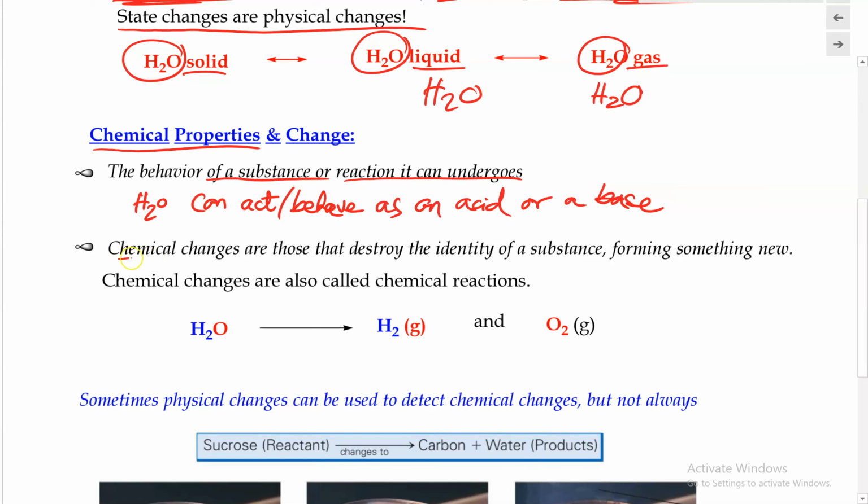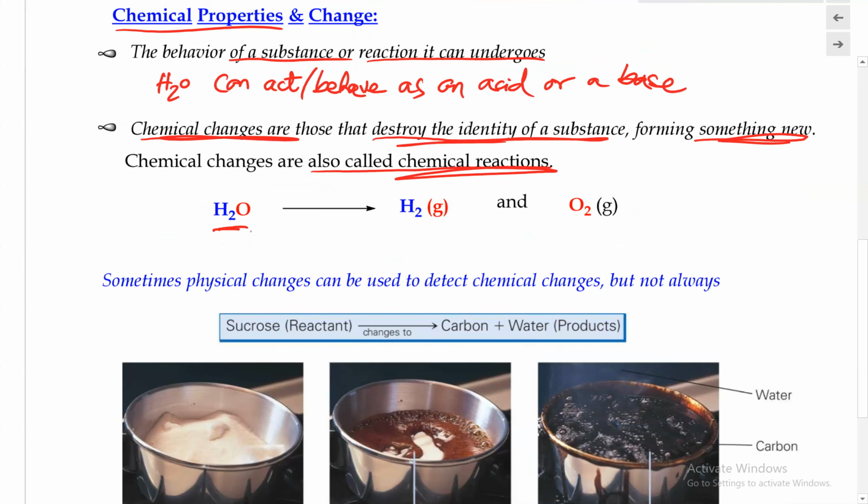And a chemical change refers to the changes that destroy the substance, forming something that is new. So if one substance is changed into another substance in that process, then that would be referred to as a chemical change. And chemical changes are also referred to as chemical reactions. For example, if water is changed into hydrogen gas and oxygen gas, in this case we can see this would be a chemical change, right?